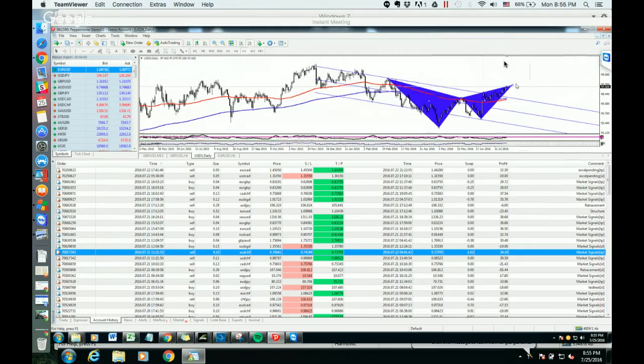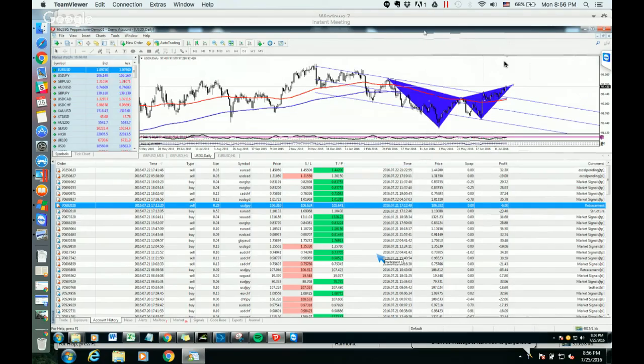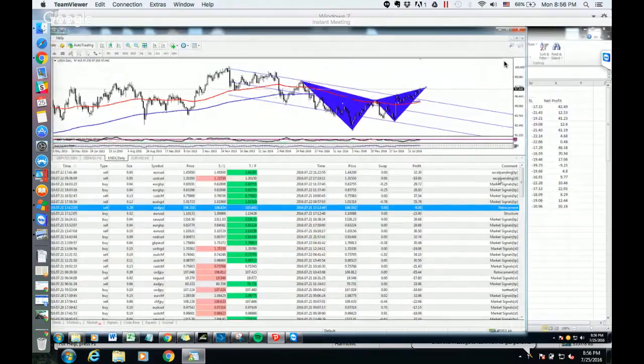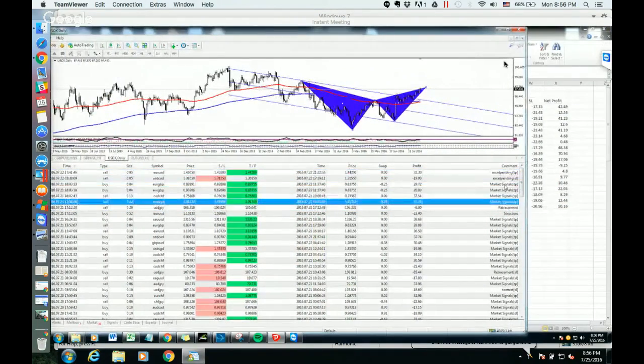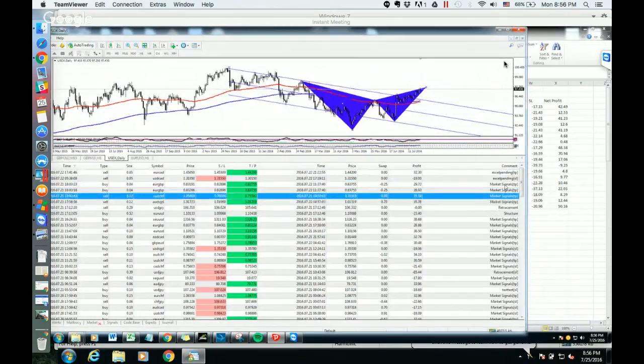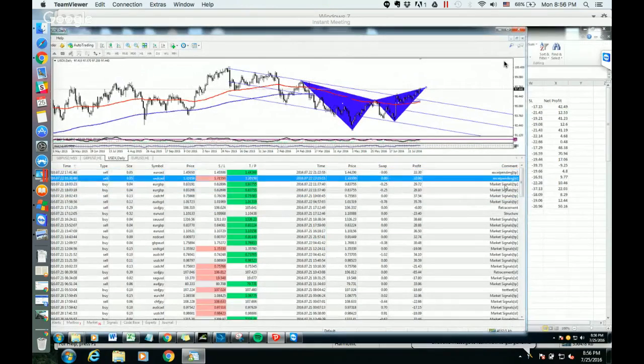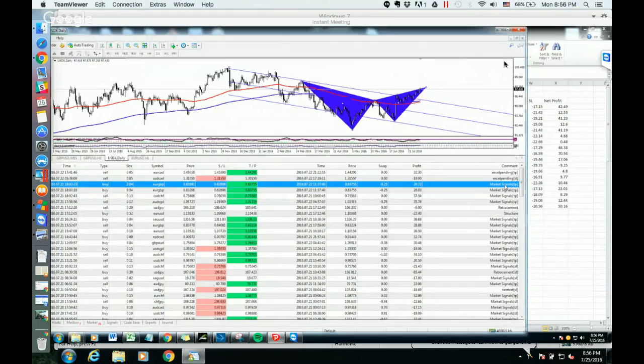Up until the announcement. Okay, the second thing I want to share is the importance of adding comments to your trades. So here you can see, from now on, I usually try to comment my trades. This is very good because it tells me things like what are the setups that I use.